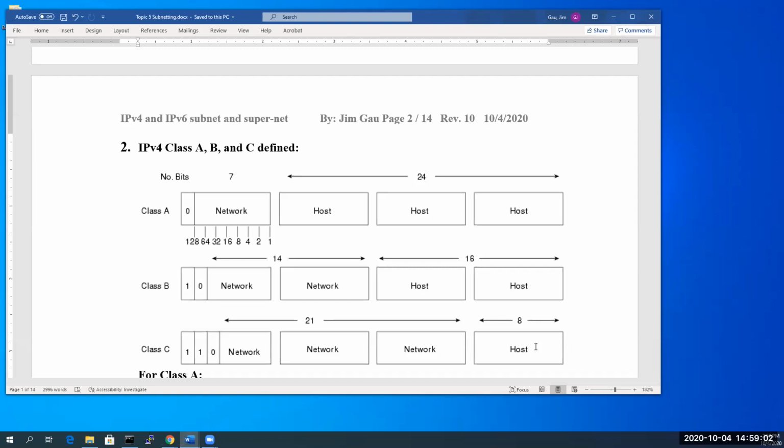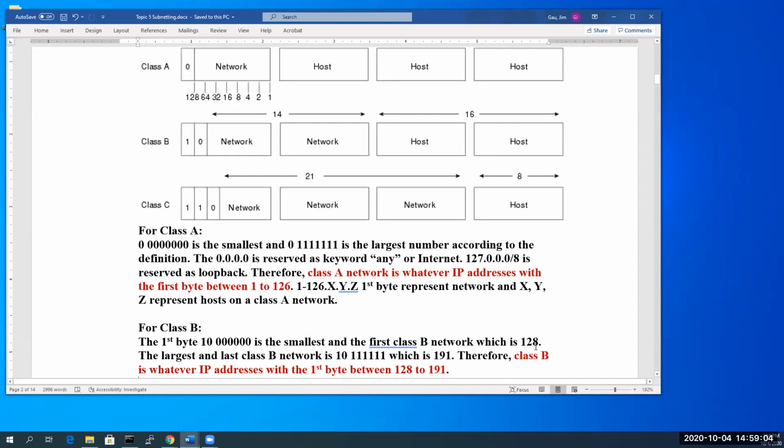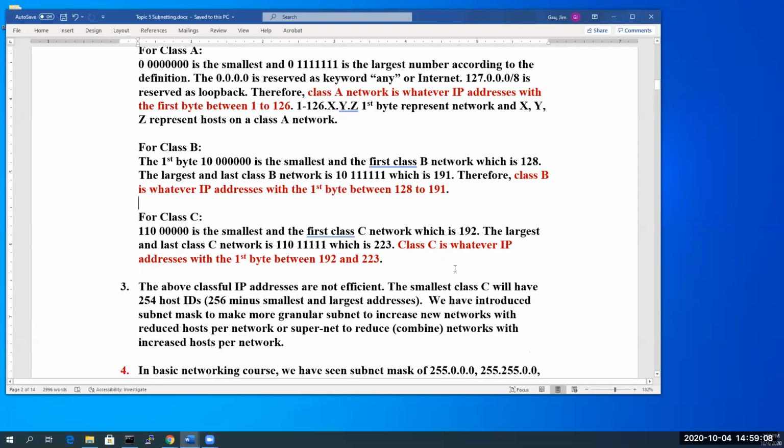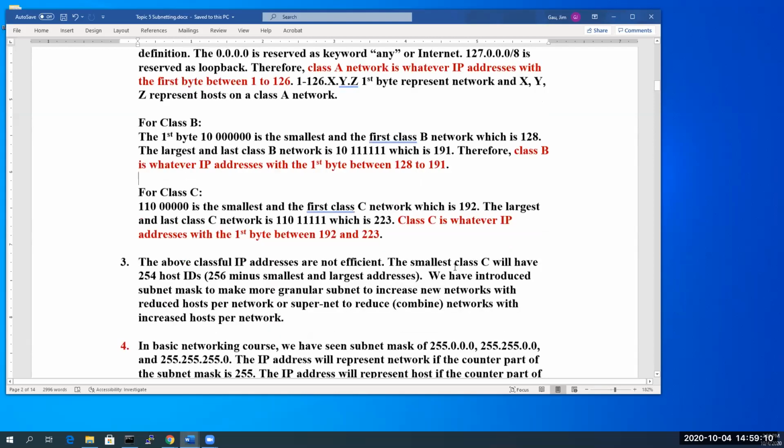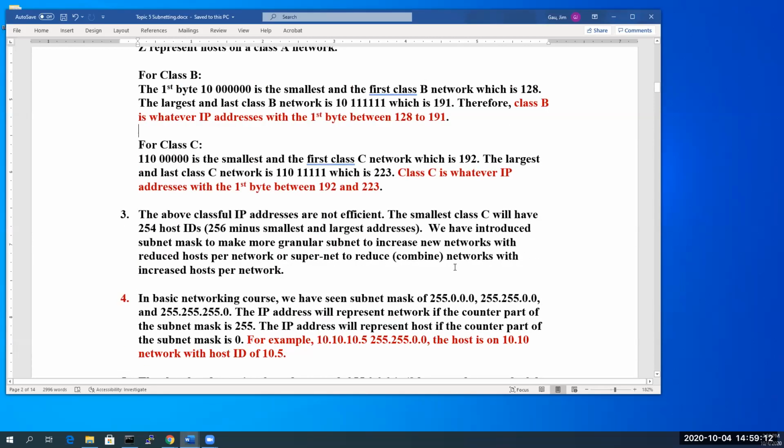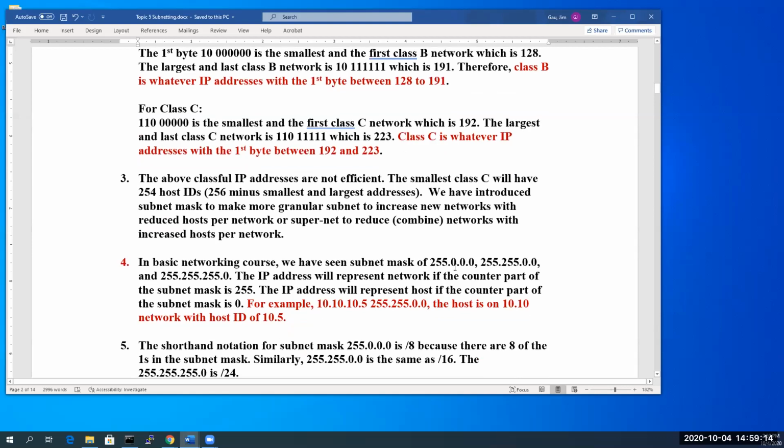That's why we have to create the subnet mask to resolve the problem. So what we already learned, the definition of class A, B, C, is so-called classful. And now we're going to make it classless, meaning that we're going to use a subnet mask to make it more efficient. The subnet mask is the way that we distinguish which part of the IP is network, which part of the IP is the host.